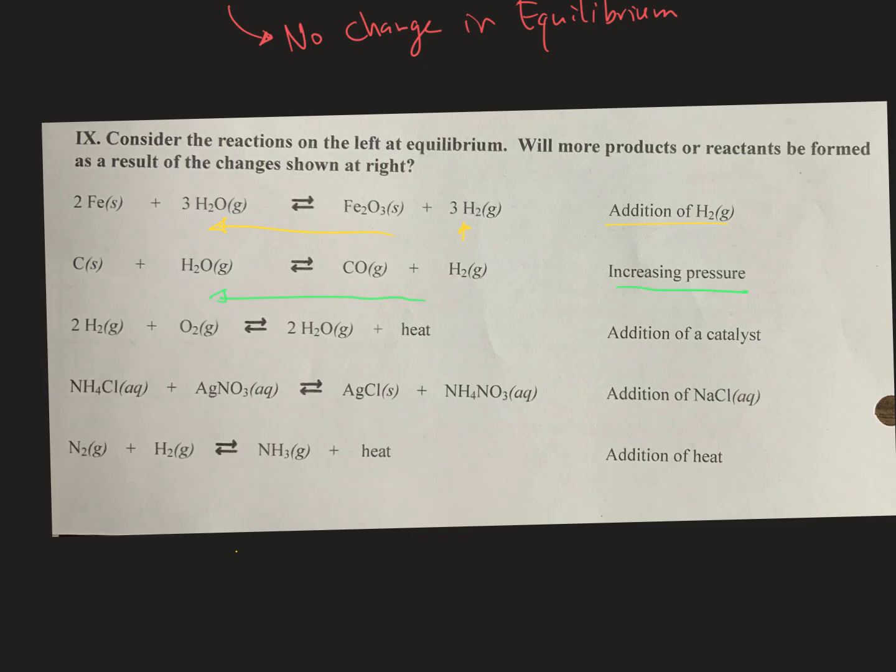You with me? Or do we have any questions on that one? So overall, it might cause the reaction to go this way still, right? But more so to the left. So overall, the net change will push it to the left. Good?